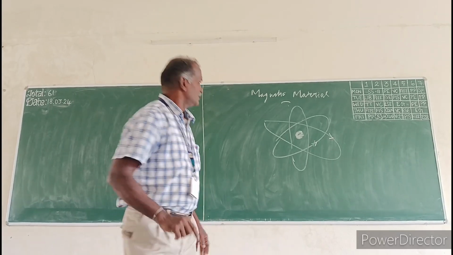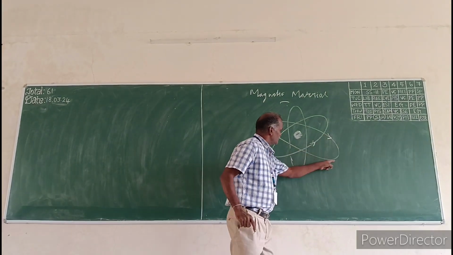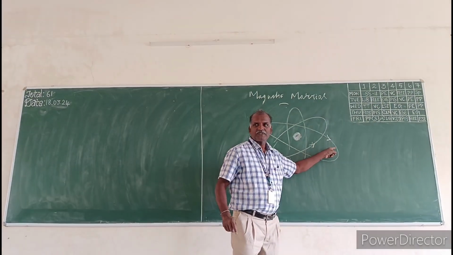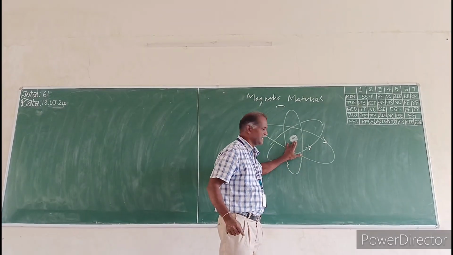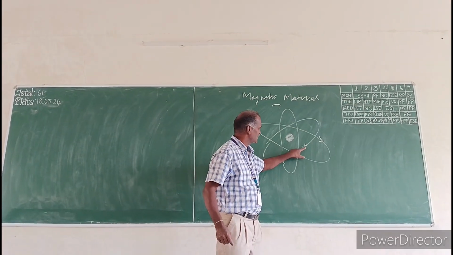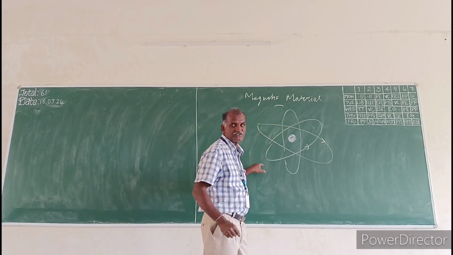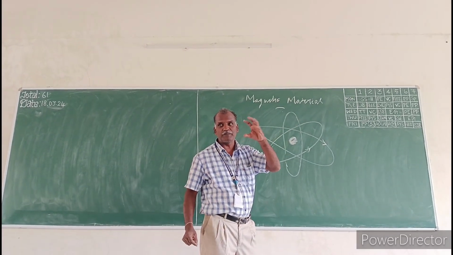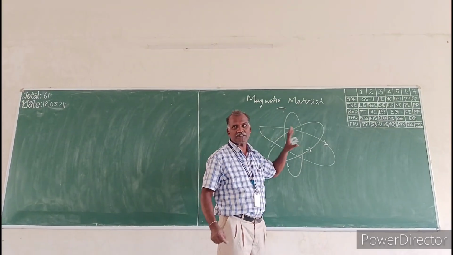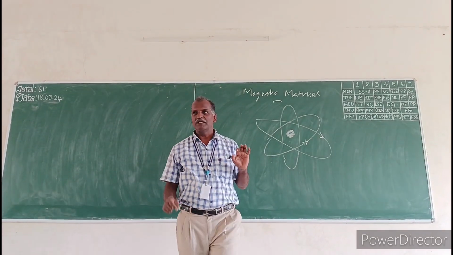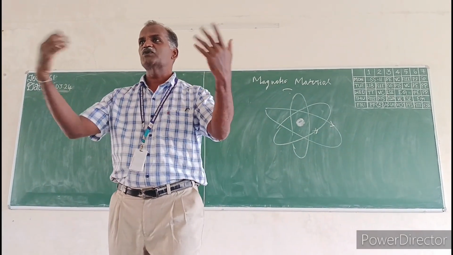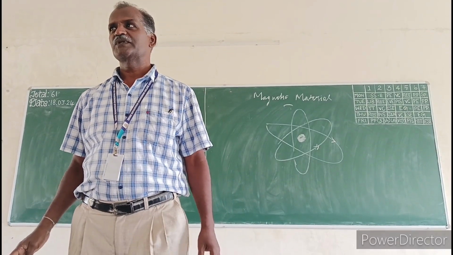Okay? So, the electron revolving in the clockwise direction gives some magnetic effect to the atom. In the same way, the electron revolving in the anti-clockwise direction also gives some magnetic property to the same atom. As the revolutions are in opposite directions, their magnetic properties also cancel each other.